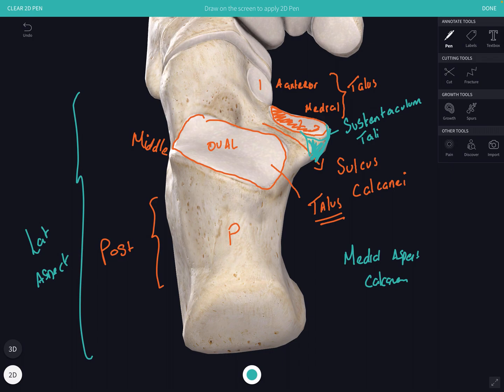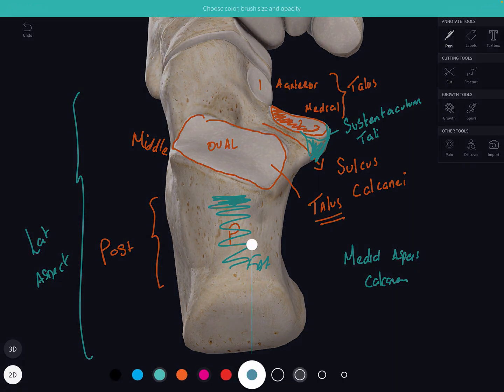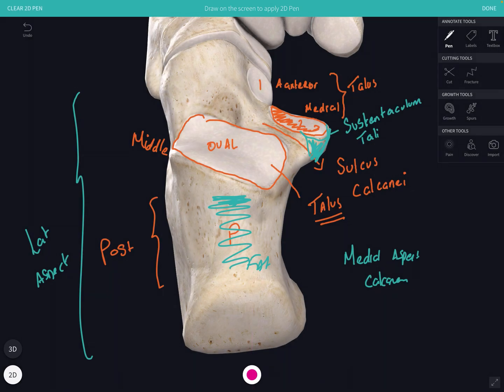So, superiorly, we have a large area of fat. In the middle of the superior aspect of the calcaneum, we have an oval articular facet which articulates with the talus. Anterior to that, we have our sulcus calcanei, this groove in here, okay?